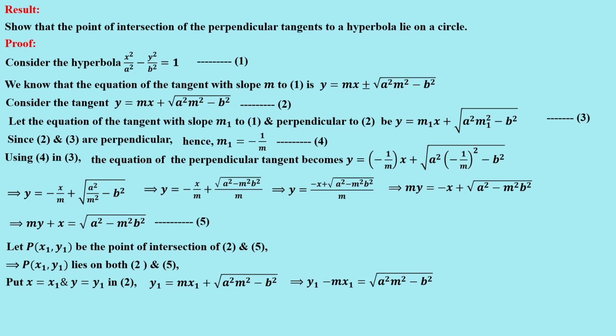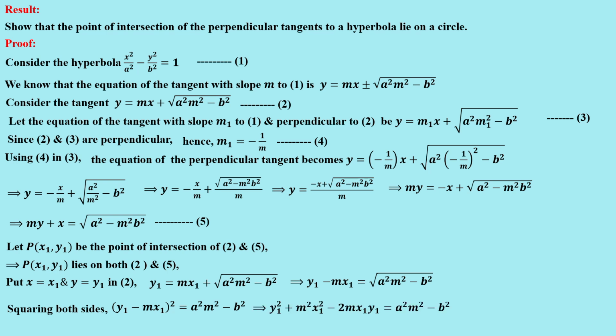So y1 minus mx1 equal to root of a square m square minus b square. Squaring both sides, (y1 minus mx1) whole square is equal to a square m square minus b square. So using the (a minus b) whole square formula, y1 square plus m square x1 square minus 2m x1 y1 equal to a square m square minus b square. That is equation number 6.